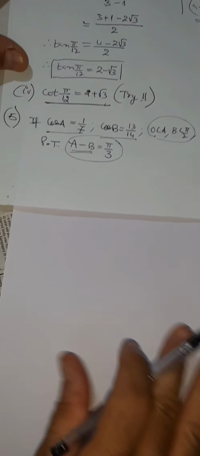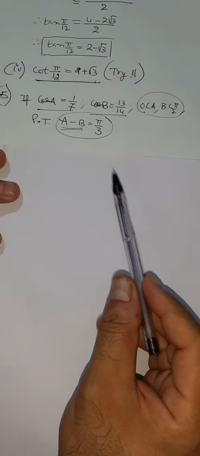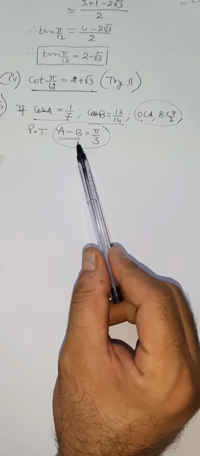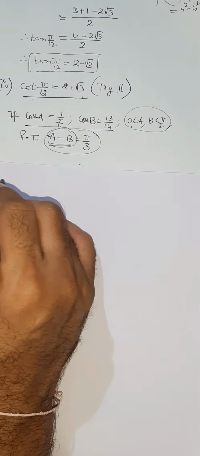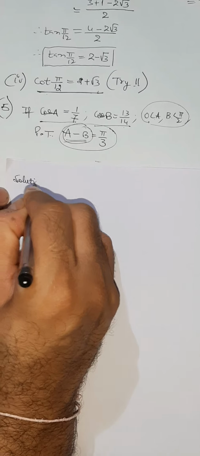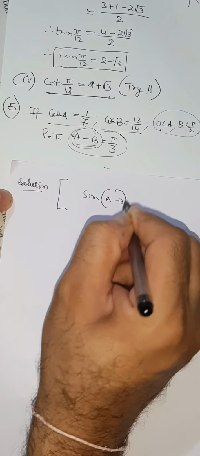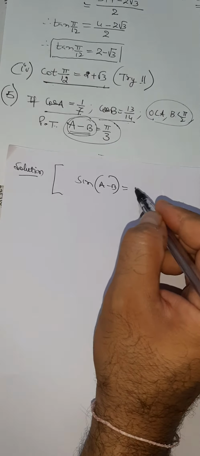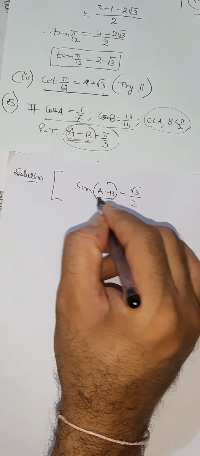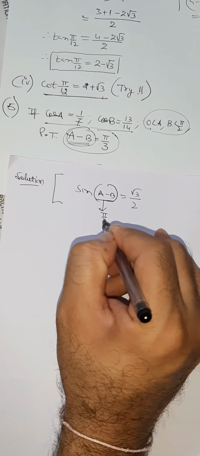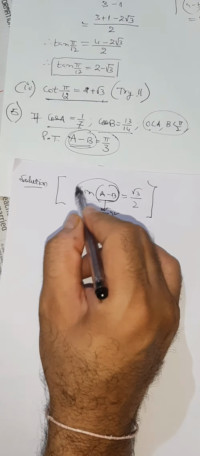So here what I'll do is show that sine of, imagine this is like alpha, sine of A minus B equals, if I prove for example root 3 by 2, then this must be pi by 3. That you know.